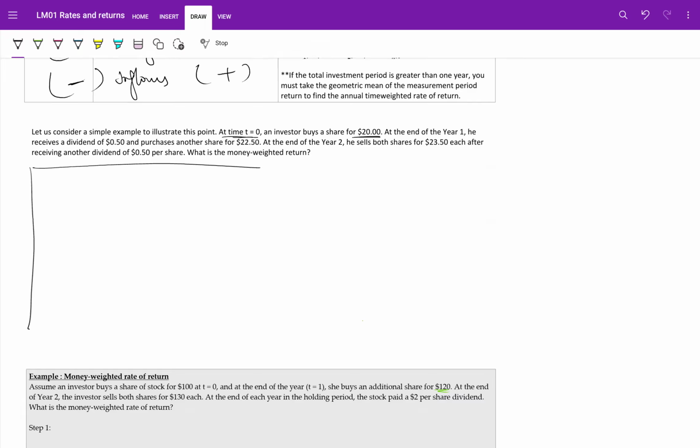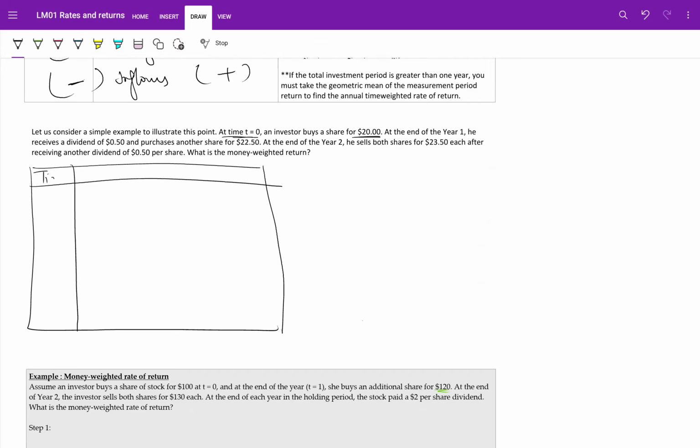Let me represent it in a better way. The first column represents time, the second column represents net flow, and this is the net cash flow.